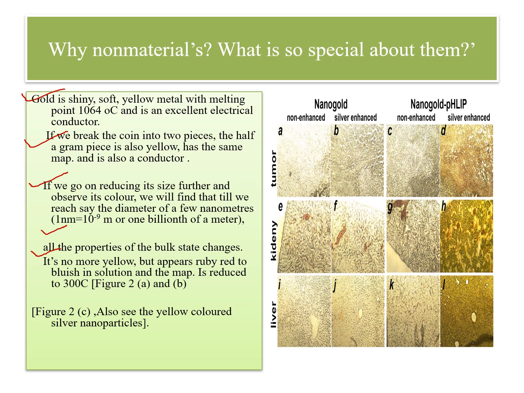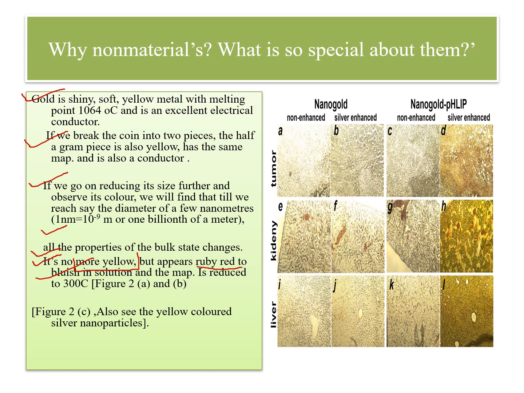See here, the basic property, like say for example color. Earlier, when we were talking about the 1 gram of gold, the color of the gold was yellow, right? But when we talk about the nanometer range gold particles, then it was no more yellow in color, but it appears to be ruby red to bluish in solution, right?